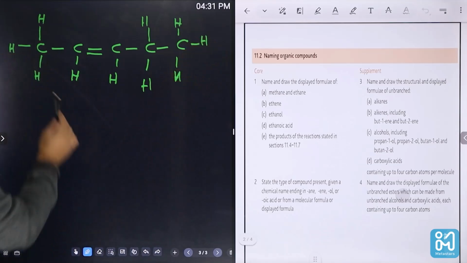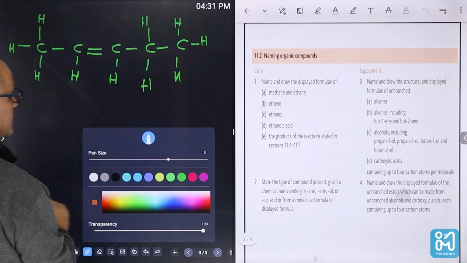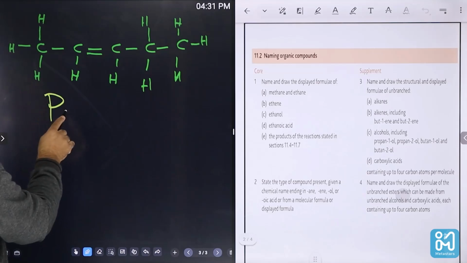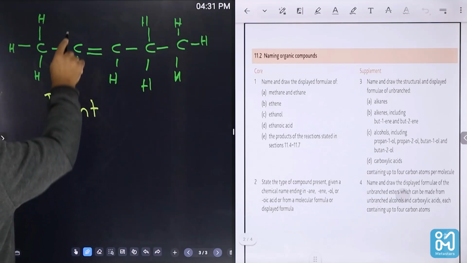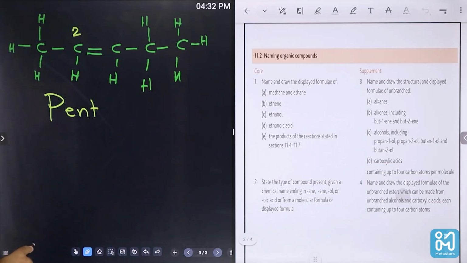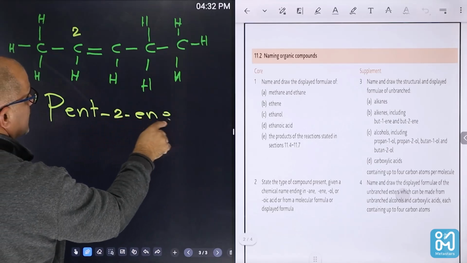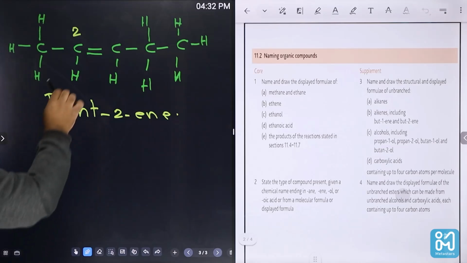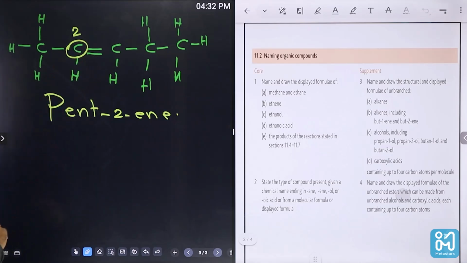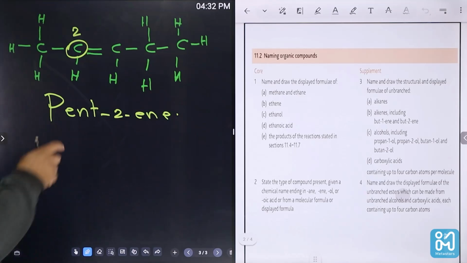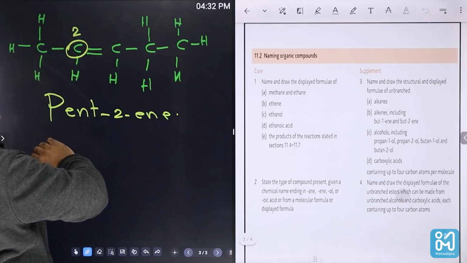Now, this is named like that. It can be named pent, because the double bond comes on the second carbon. It is pent-2-ene. The rule says in naming, you shall give the functional group the locant the lowest number.